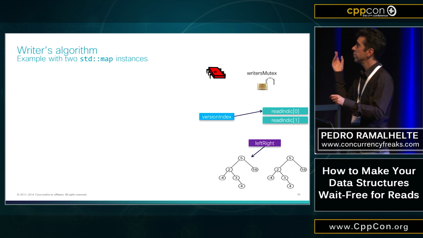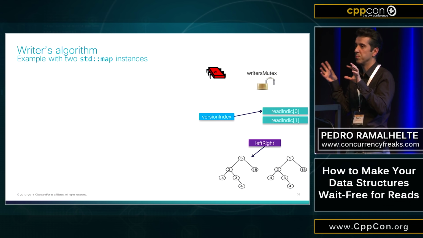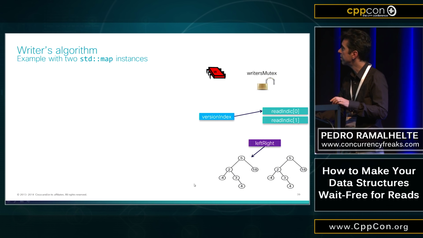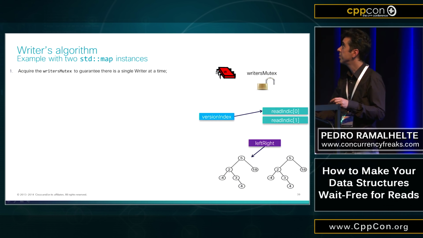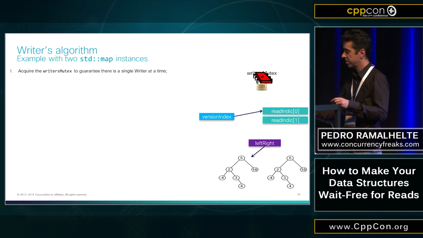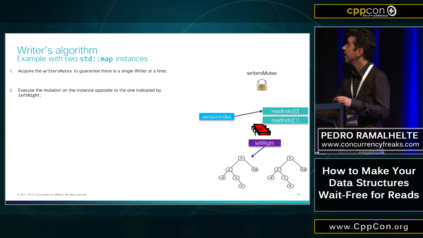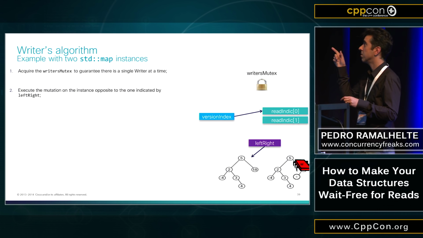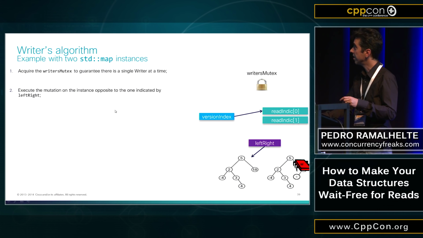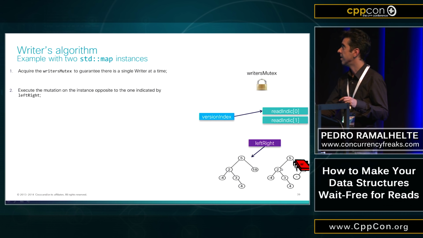So let's see. Suppose you want to protect a std::map. So the first step is making two std::maps, and you place them there. I've represented them as being these little guys here. And now suppose you want to modify. Well, what you do is you grab the mutex, and then you go on the left-right, and you see, oh, it's pointing to this side here, right? So that means all the readers are coming here because the readers look at this variable. So I'm going to modify immediately that other data structure.